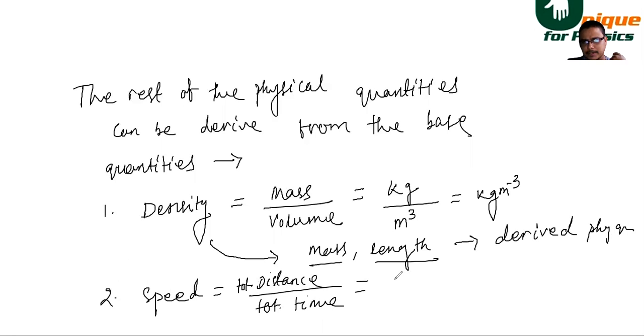Length is written in terms of meter, and time in second. So we write it as m s^-1. Two fundamental quantities are needed to write speed. One is length, the other is time. So this is also a derived quantity.